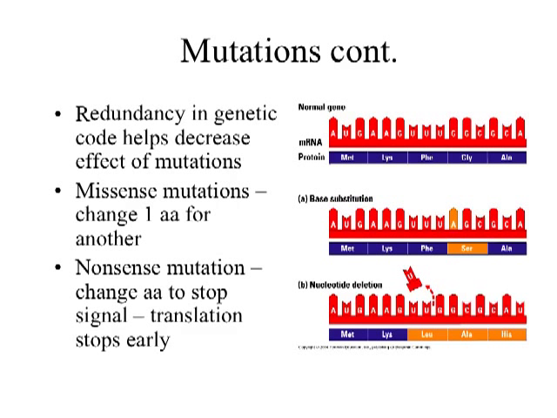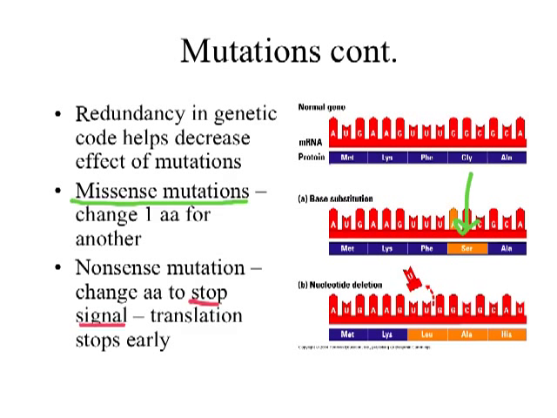Now, if we do have a mutation that changes one amino acid to another, we call that a missense mutation. So again, here instead of glycine, we get serine. That's what we call a missense. Now, sometimes the mutation can change the coding so that instead of a specific amino acid, it changes to a stop codon.